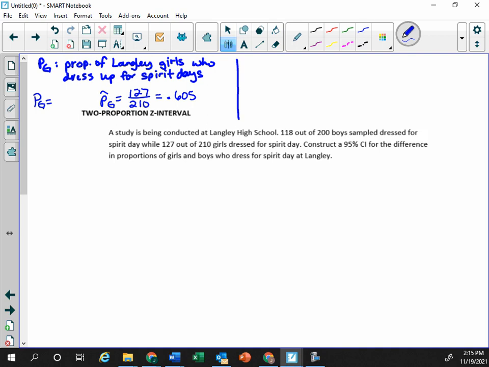All right, so now let's do the same thing for P sub B. So this is the proportion of Langley boys who dress up for spirit days.